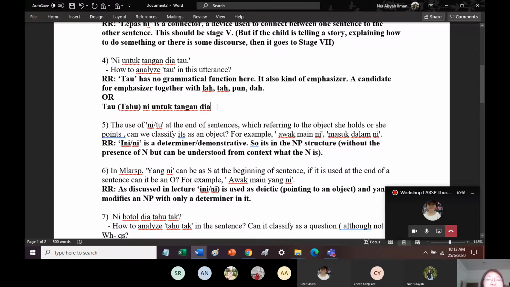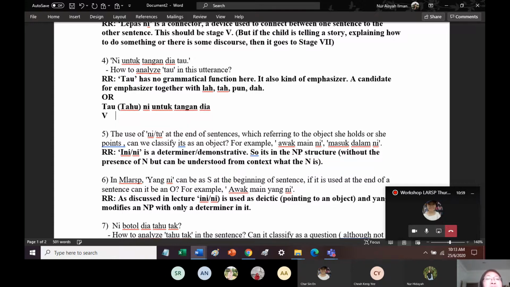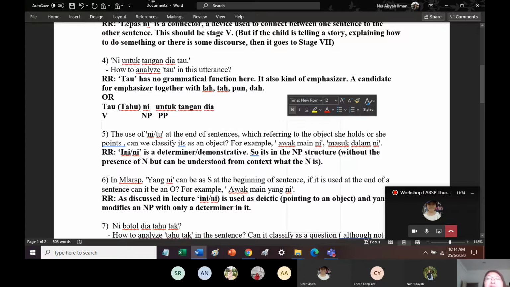So kalau macam ni, then it becomes a V. This whole thing is an NP, "yang ada ni", and this one is a PP, "untuk tangan dia". So then what happens is that this tau is being brought to the back. Then dia jadi insert.